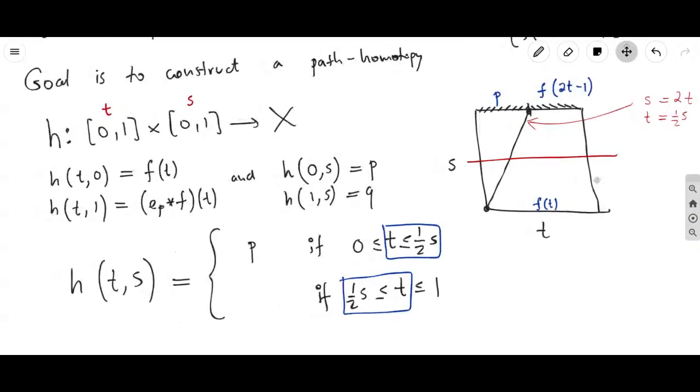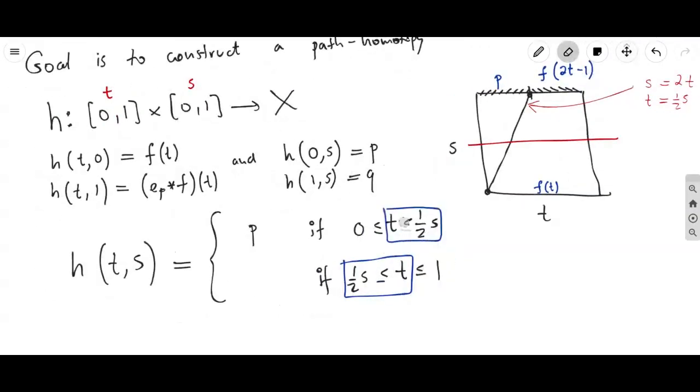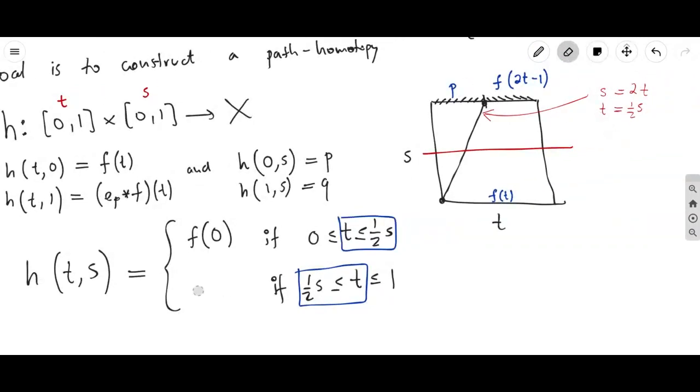This is supposed to be a continuous mapping. If this is a continuous mapping, then on these overlapping conditions, this one and this one need to be the same. Now, what is f of p? F of p is another way of saying f of 0, right? P is the initial point, so that's just f of 0. So when t is equal to a half s, so when you're right on the line, it's supposed to give you f of 0.